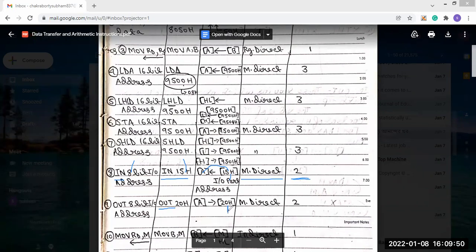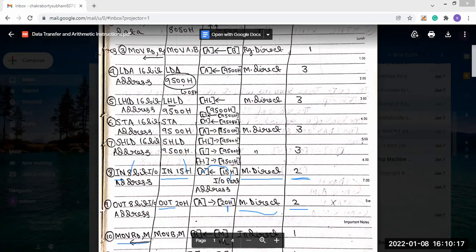So the content of the accumulator will go to this 20H, this input-output port address. And here also the address is there, so it is direct addressing, and the byte length is 2.